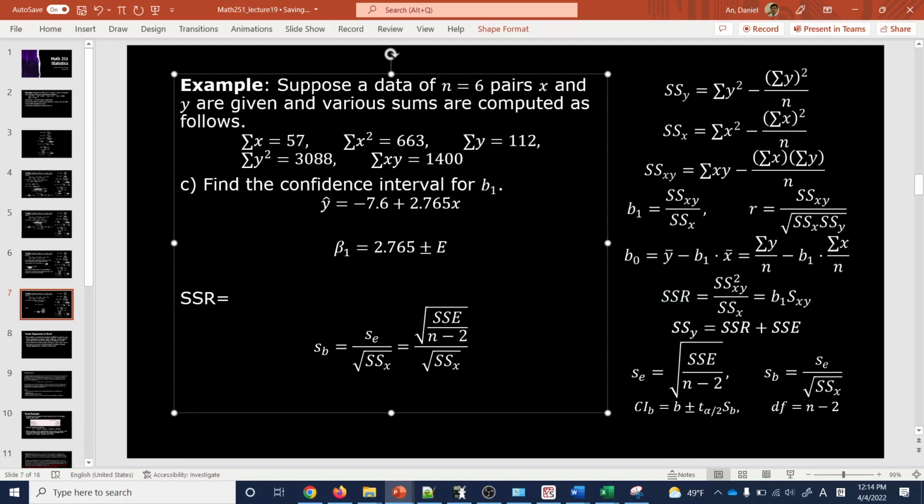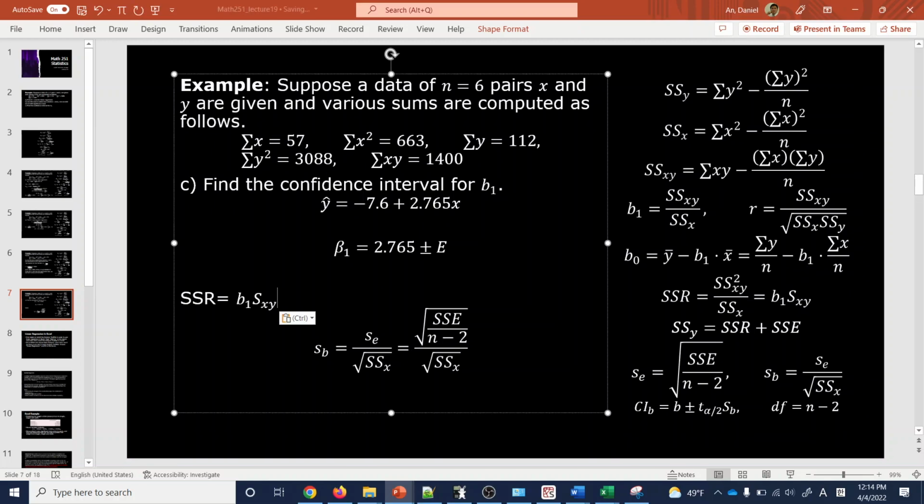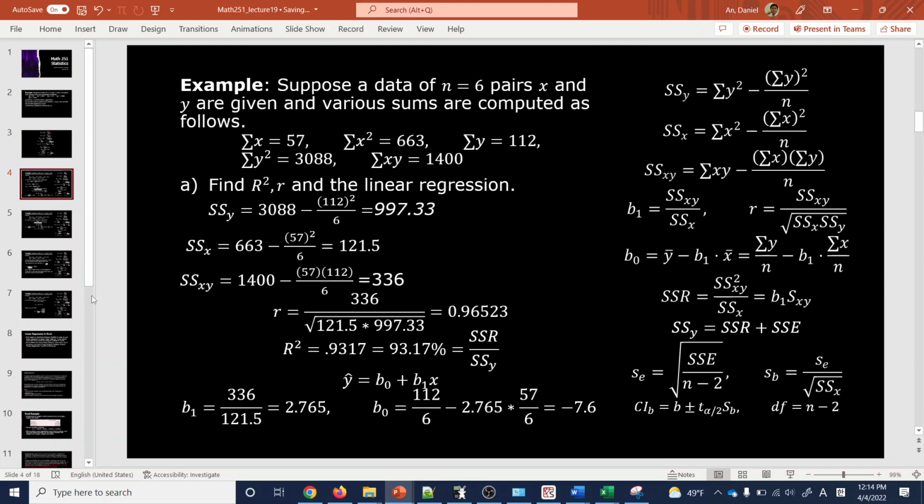All right, so let's start with SSR. It's B1 times SXY. So let's think about this value, which is 2.765, that's B1, times SXY. What was our value? Was it 336, I think? 336, right?